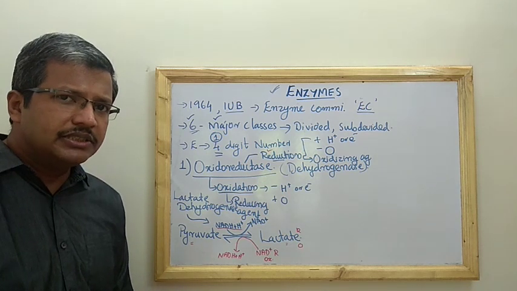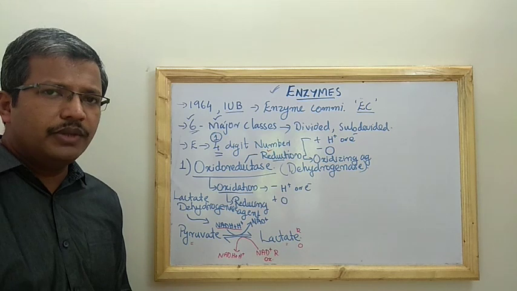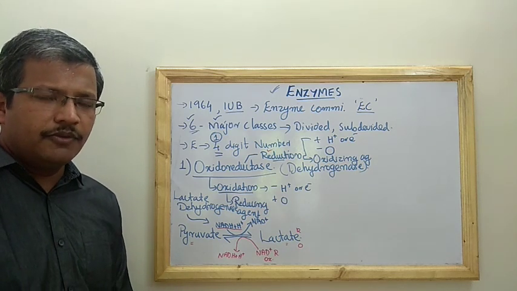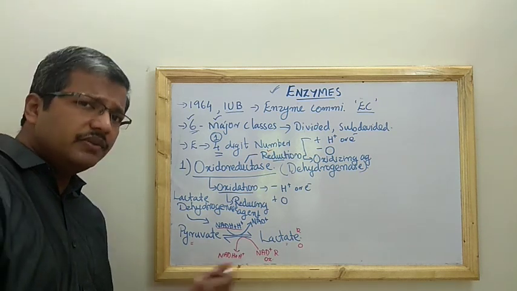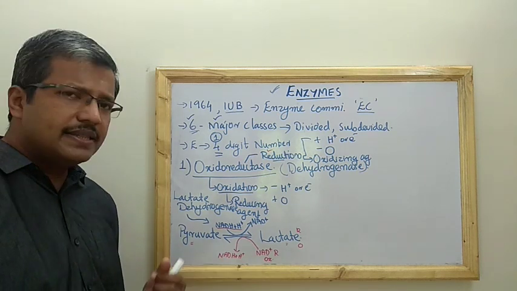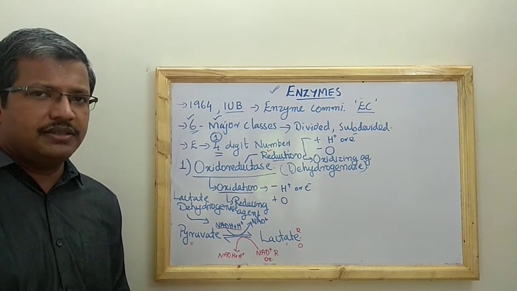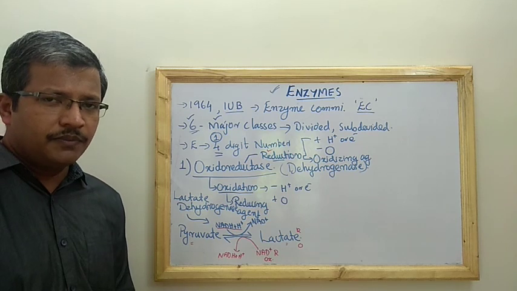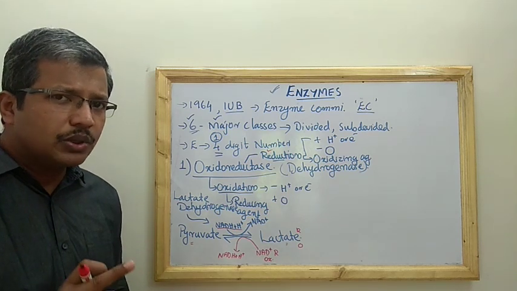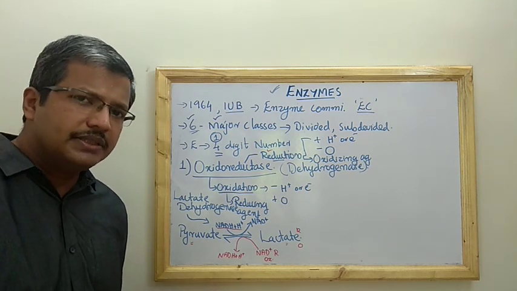NADH plus H plus is the reducing agent and it undergoes oxidation to form NAD plus. So pyruvate is reduced to lactate. In the reverse reaction, lactate is converted into pyruvate, where lactate is a reducing agent and it undergoes oxidation to form pyruvate, and NAD plus is the oxidizing agent. It undergoes reduction to form NADH plus H plus.